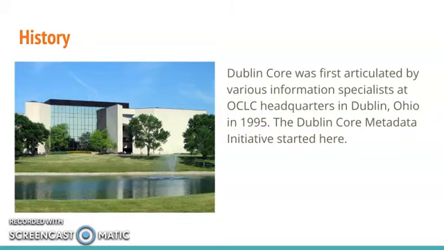As a result, they organized a workshop in March of 1995 in Dublin, Ohio, the home of OCLC headquarters. There, a group of library and information science, information technology, and archives and museum specialists, among others, first articulated the concept of Dublin Core.